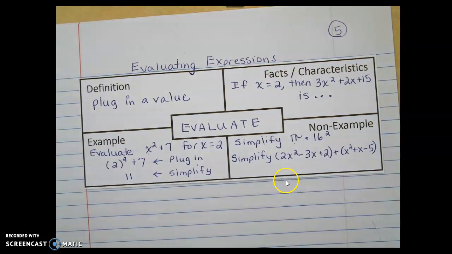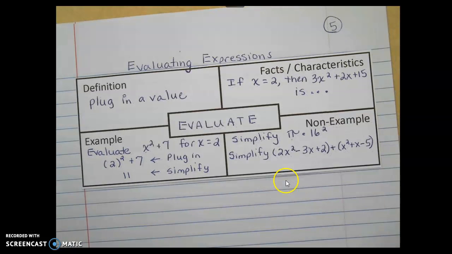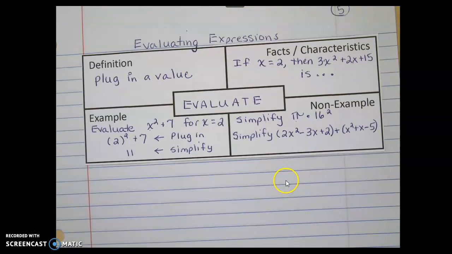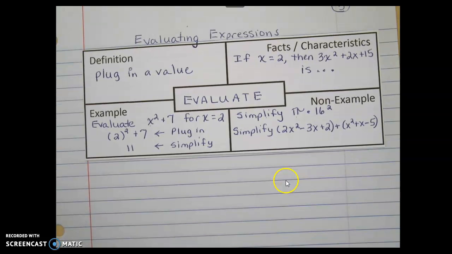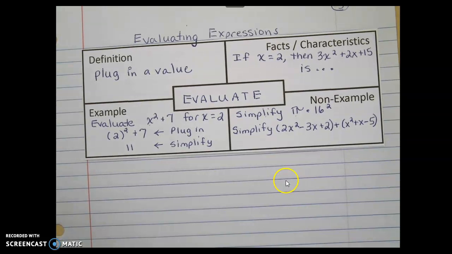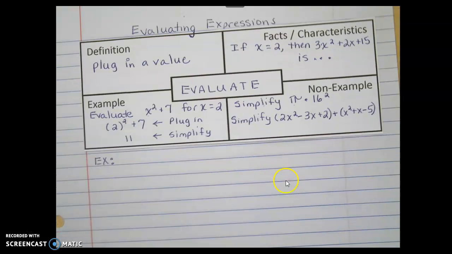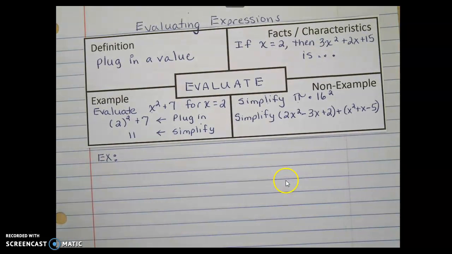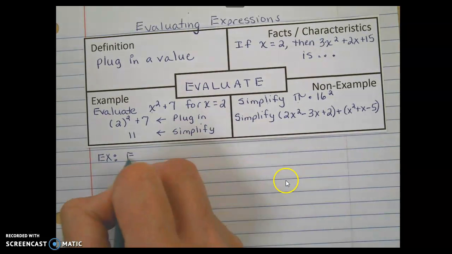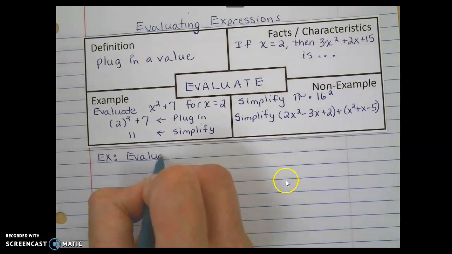Evaluating expressions. So let's look at an example. All right, I'm going to go right underneath what I just glued in. I'm going to put EX for example. Now, they might say, evaluate.